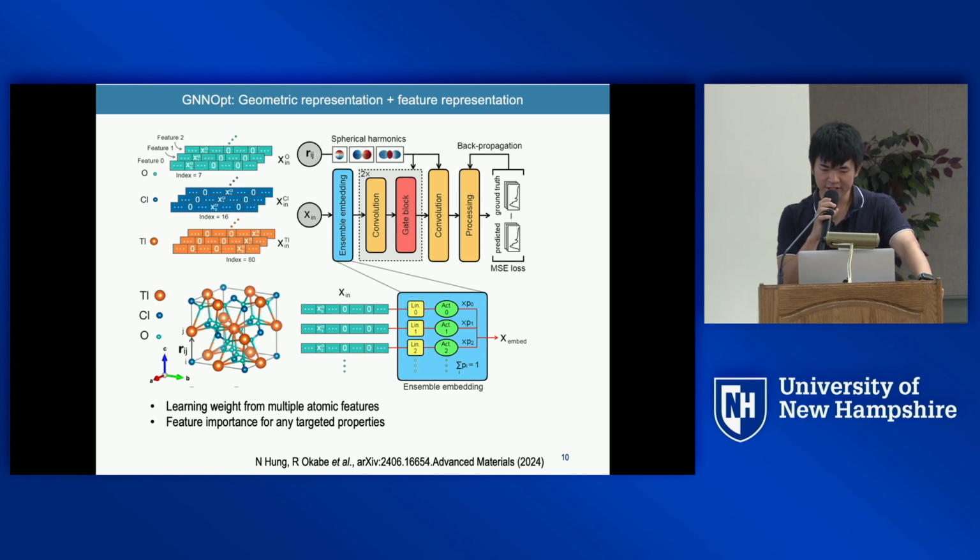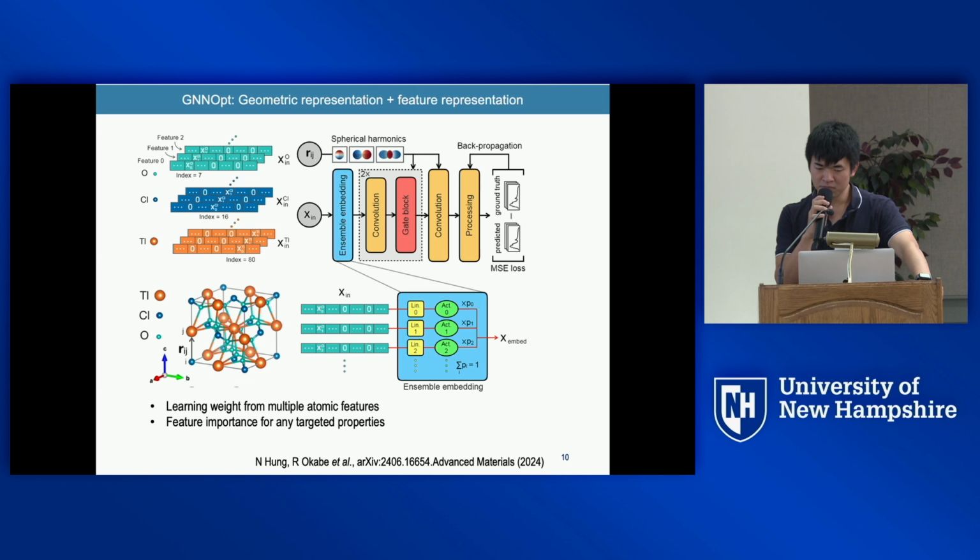We usually, for the phonon prediction, use the atomic mass as the input feature of each atom. However, for this optical property, we don't know which feature actually matters.